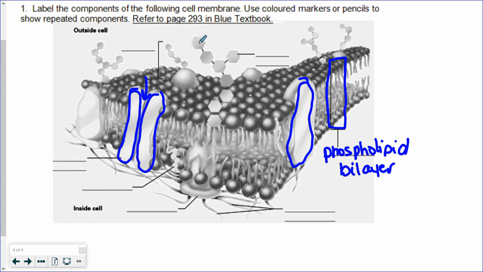This is probably a carbohydrate chain, something that's identifying the type of cell that there is. I'm not going to worry too much about these sorts of diagrams. There's cytoskeletal filaments within this. Not a big deal, but know that there's a phospholipid bilayer, and within it there's a whole bunch of proteins embedded that have many different functions.